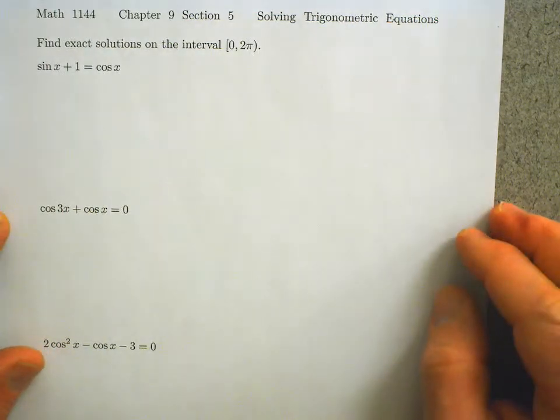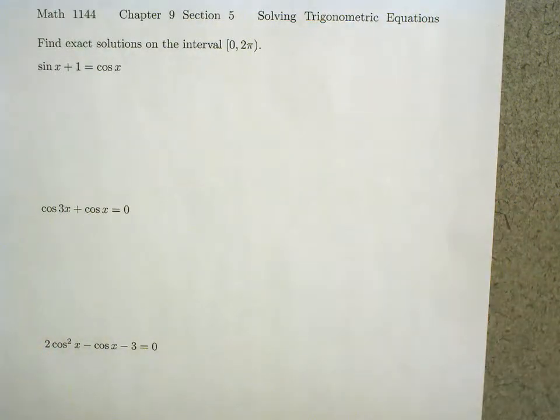Find exact solutions on the interval from 0 to 2 pi. Sine of x plus 1 equals cosine of x.